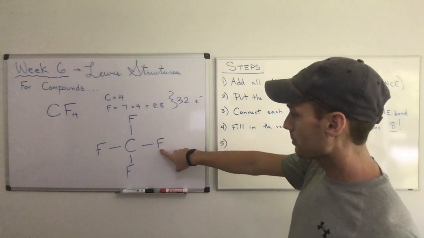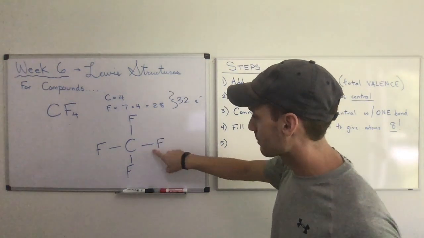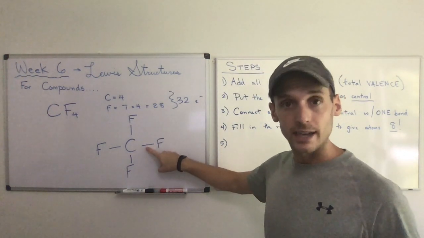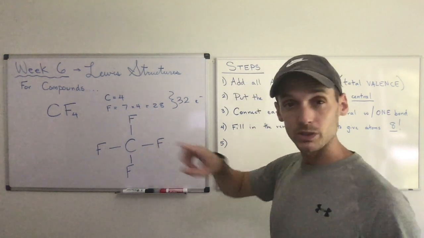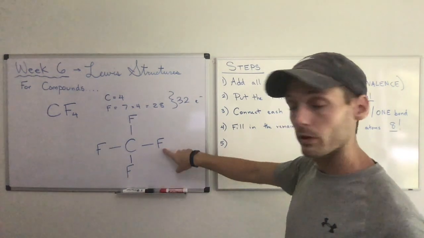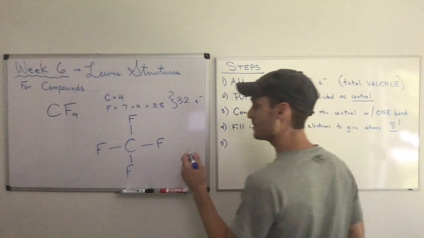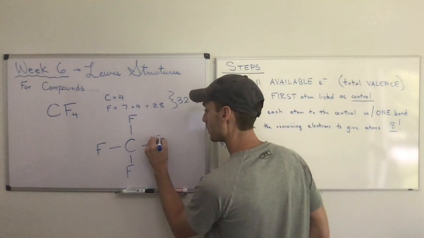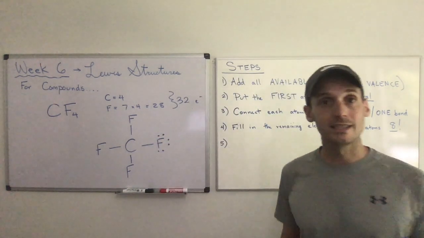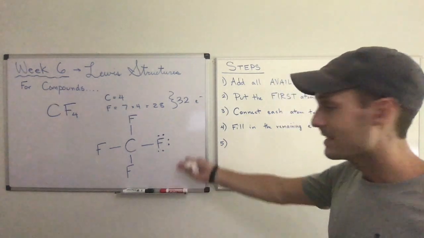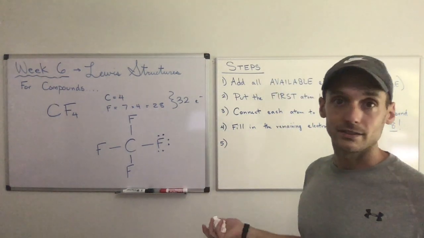But if you go to the fluorine, all the fluorine has right here is 1 bond. Now, it can have those 2 electrons because they're sharing, so those can count 2 electrons towards its 8, but it's still missing 6. So at this point, we just need to fill in 6 more dots representing electrons to give that fluorine 8 valence.